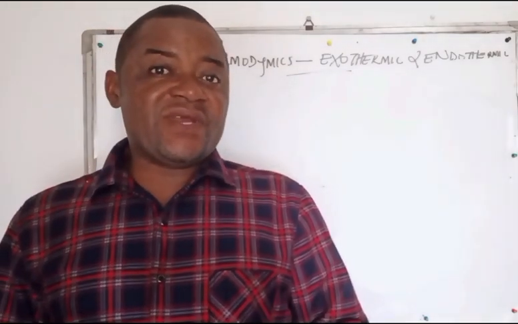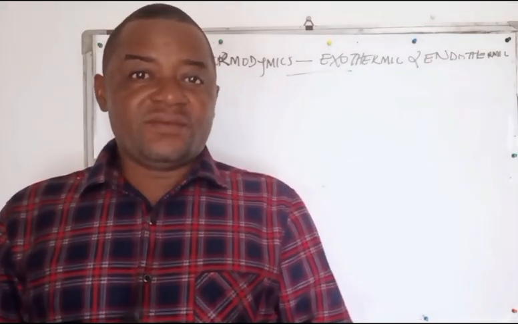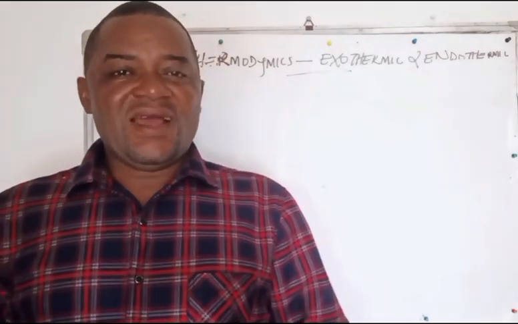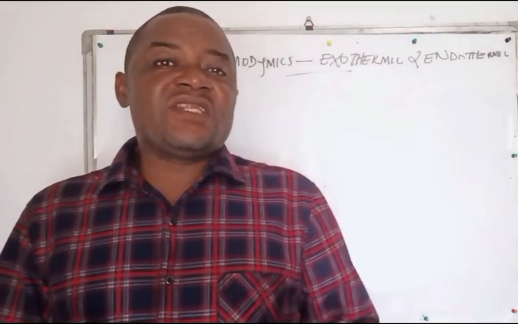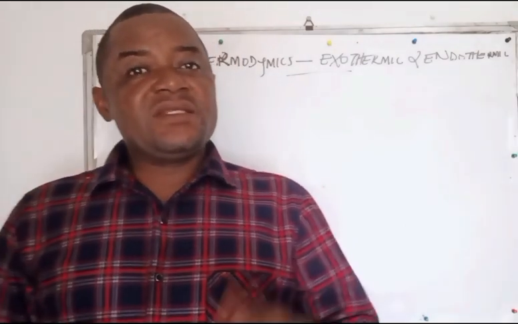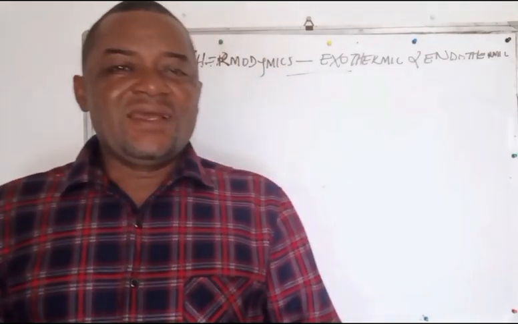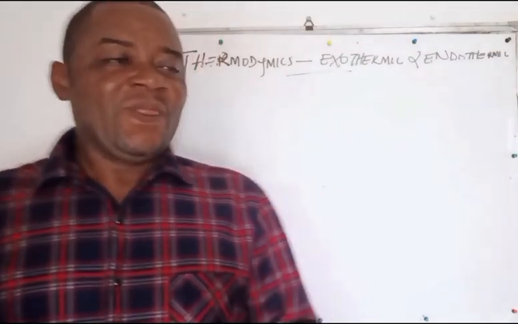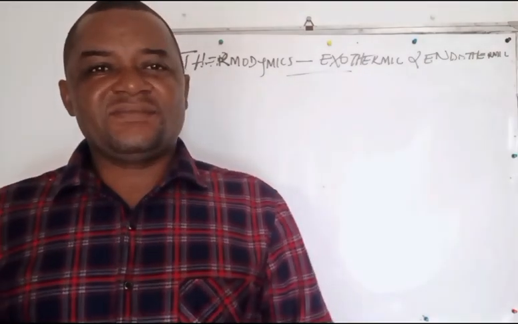Thermodynamics is built on three basic properties: one, heat; two, energy; and the last is work. So thermodynamics has to do with the interrelationship between heat, work, and energy. And today we're going to see how these things play their role in exothermic and endothermic reactions.